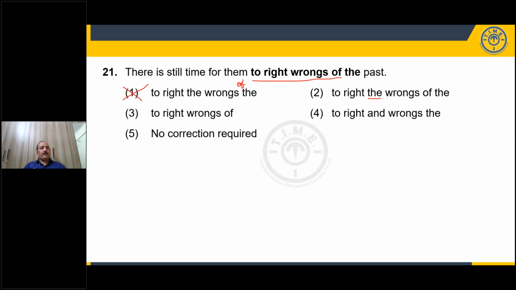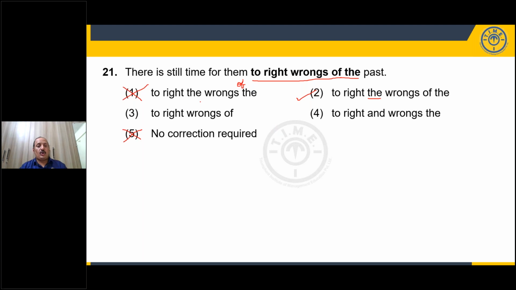Now, am I talking about specific wrongs? Now, what are wrongs? Mistakes. So I'm talking about the specific past by saying "the past," which means a specific past needs to have specific mistakes. So this "the" is required. So my answer has to be option number 2, which means no correction is automatically wrong.